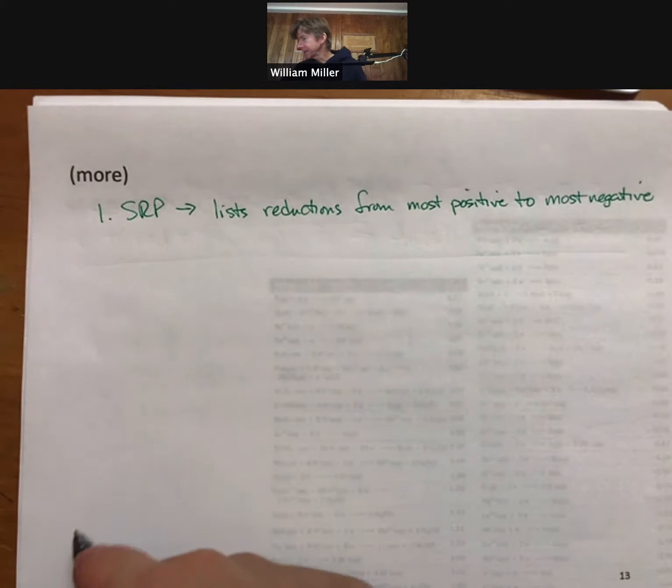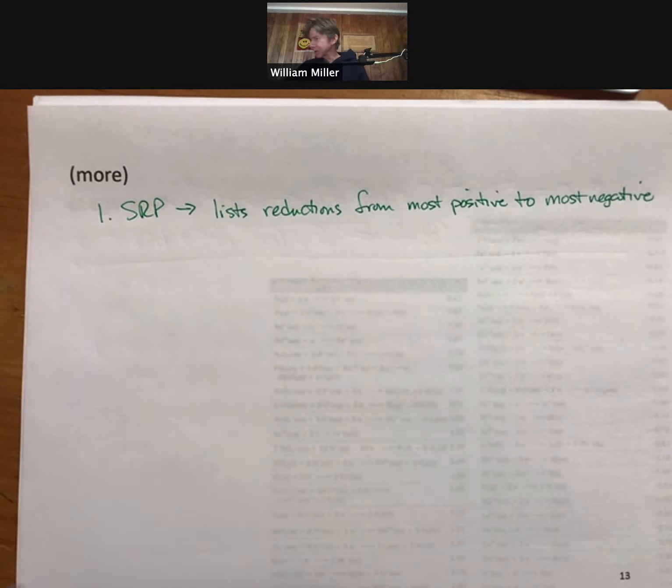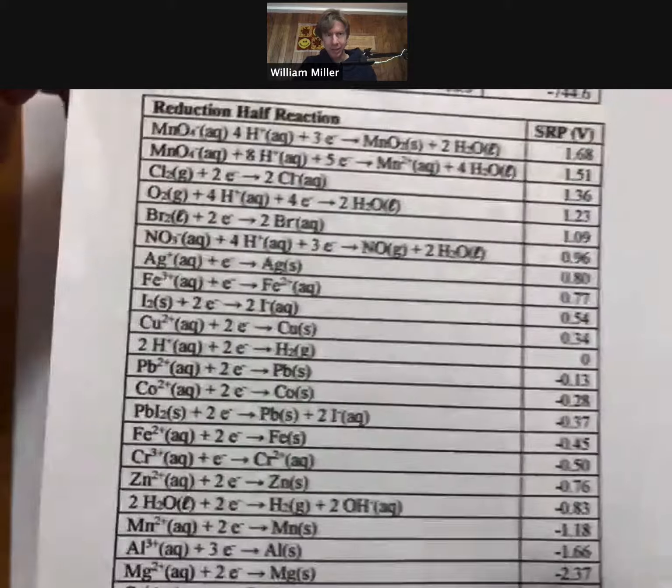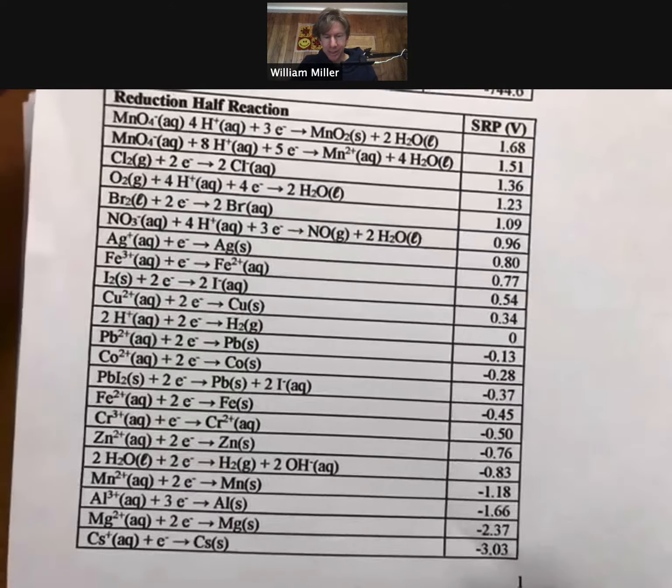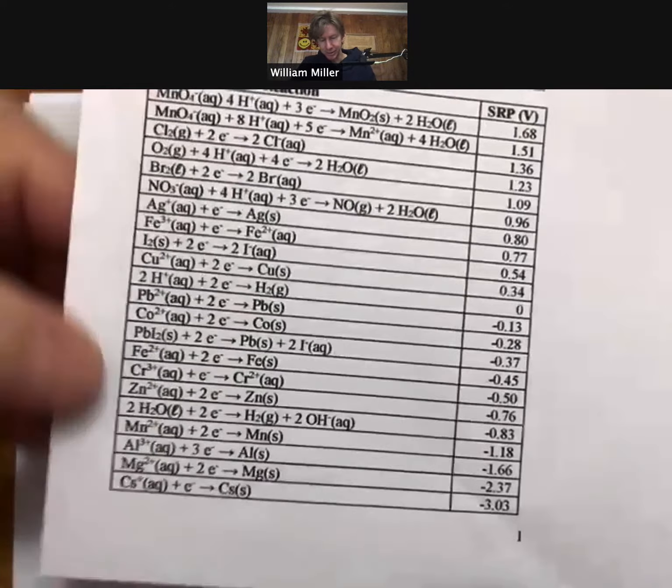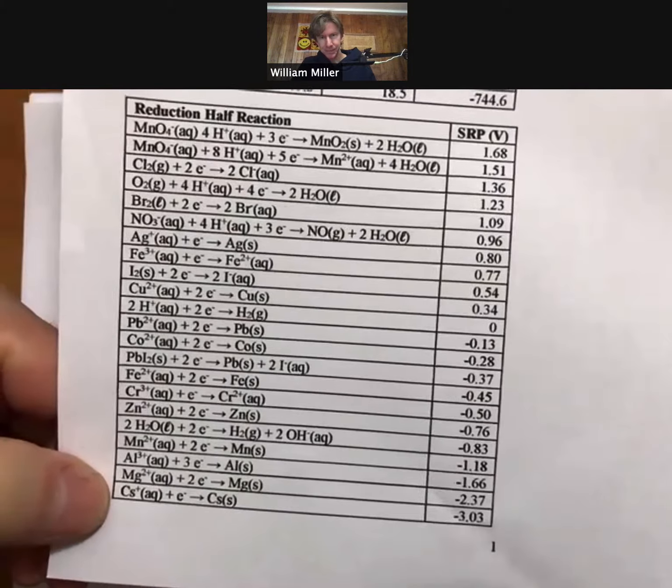And now I'll actually get the one you'll have on your exams. So it looks right here. You can see I've listed mine from most positive to most negative.